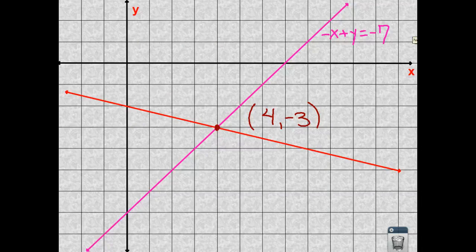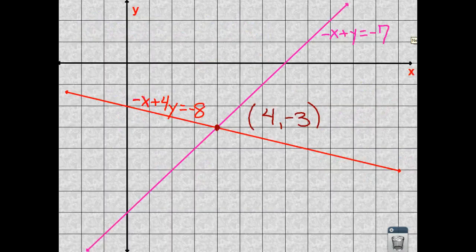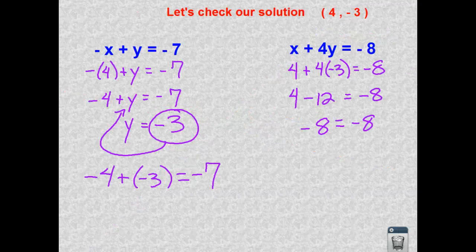It's just a good habit to get into here. Double check there. Oh, it was positive x plus 4y. Positive x plus 4y equals negative 8. All right.